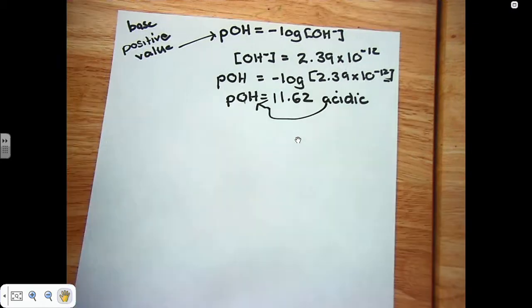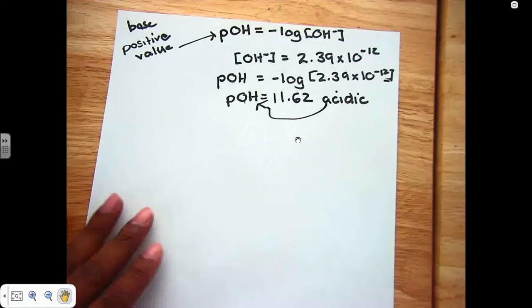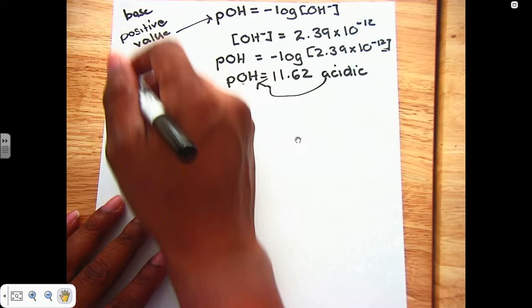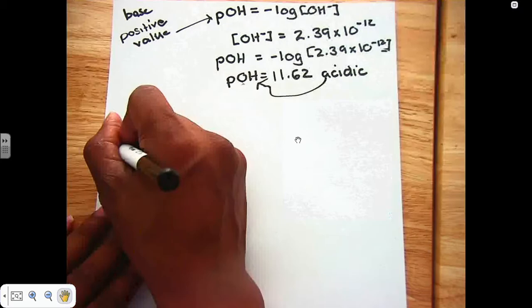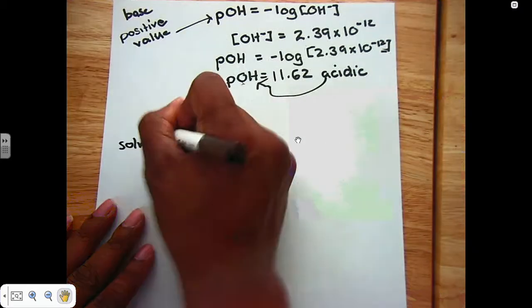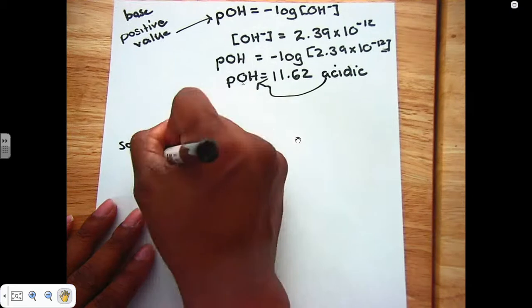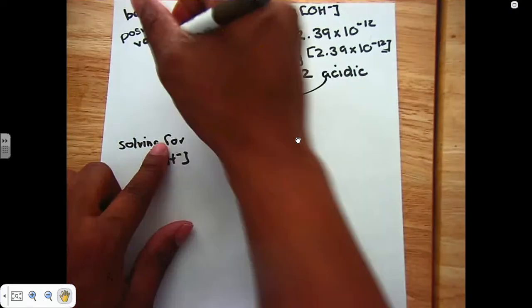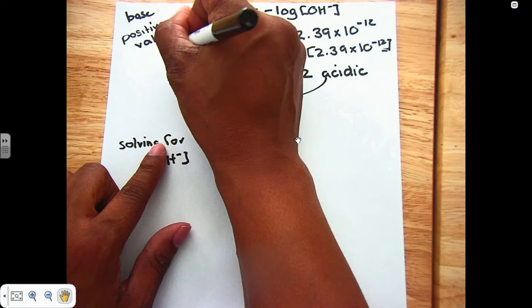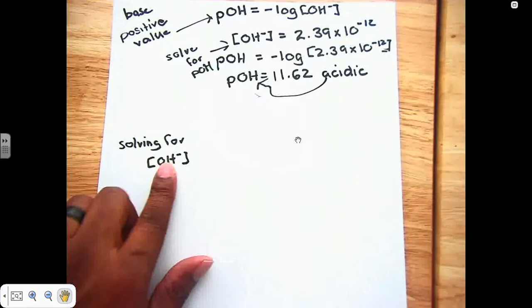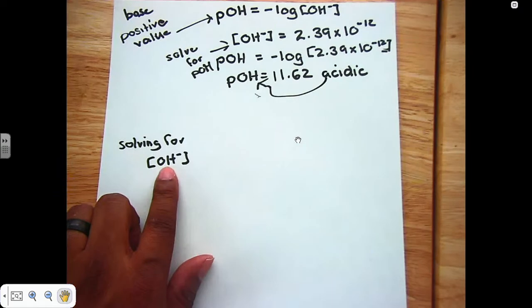Now, just like I did before with the other problem, where we were able to find the pOH, I want to look next at solving for your OH concentration. That's what I want to solve for. Because what we did was solve for pOH already up here. And now we're going to solve for our OH concentration.